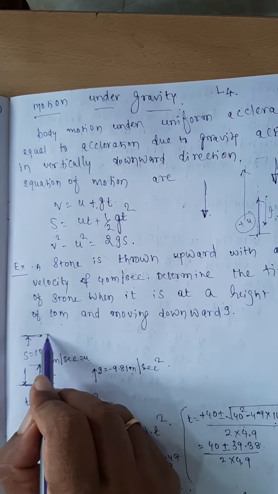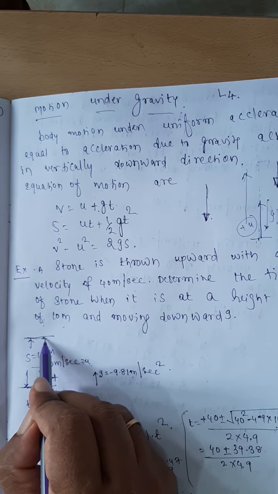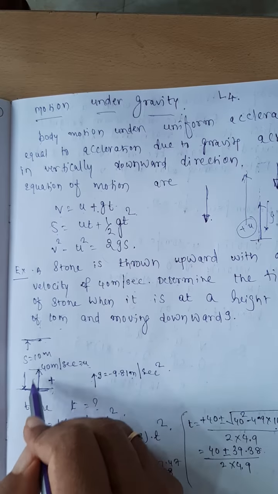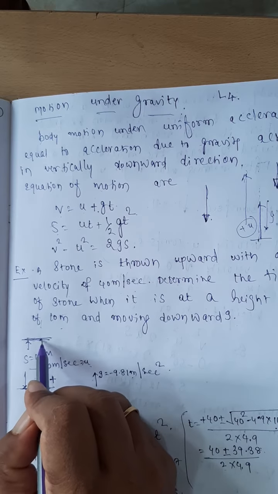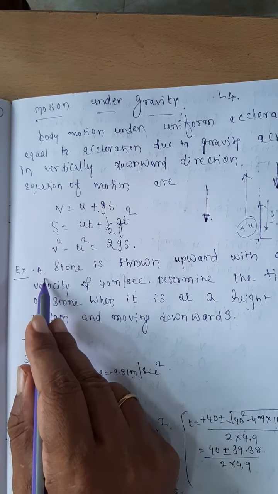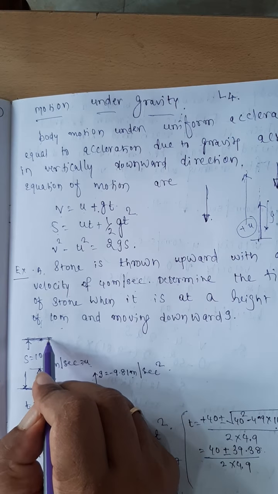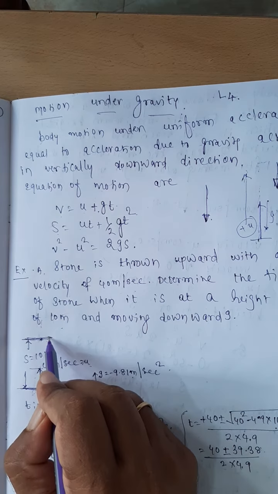So how to solve the problem? First, from here to here you want the motion of the body. At this particular point, it will be there at two instants. One is when it is going in the upward direction, and second time it will come to the same position when it is moving in the downward direction.